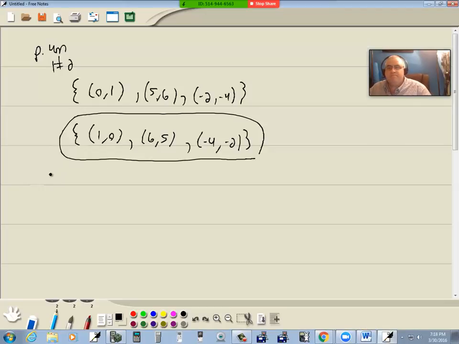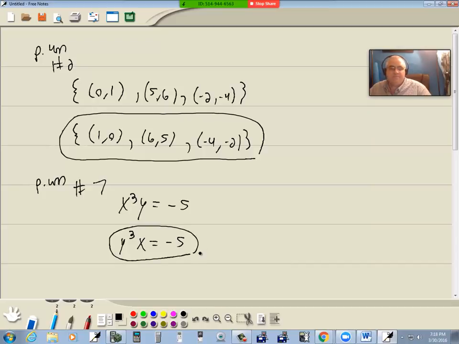For example, page 400, number 7, we got x to the third times y is equal to -5. So for the inverse of this relation, we swap the x's and y's. So the x becomes y. So we got y to the third, and this y becomes an x, is equal to -5. And that's our answer.